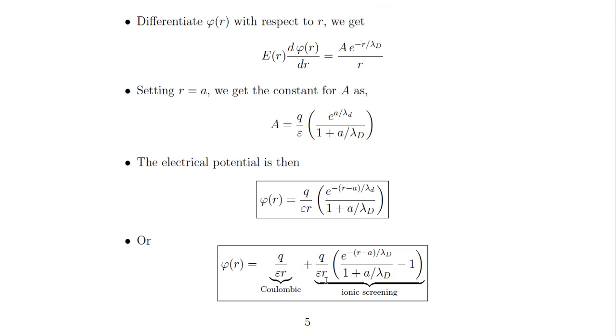This one is the Coulombic interaction, and this one is the ionic screening. If lambda D is greater, there will be a small contribution from this ionic screening.